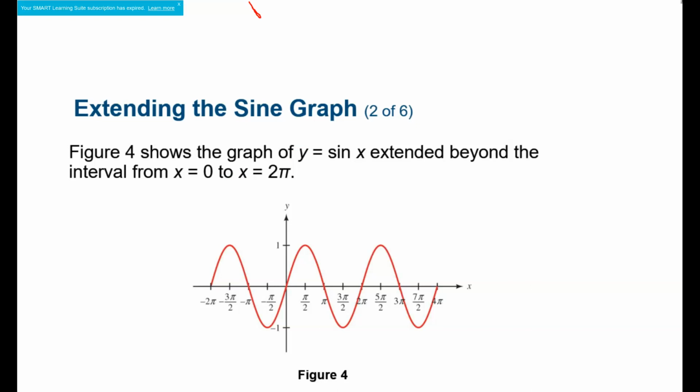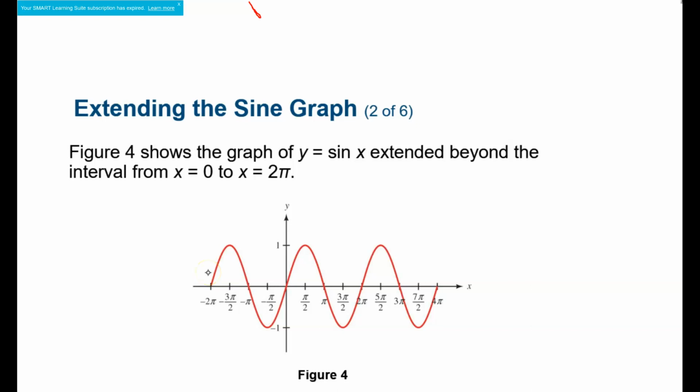The smallest value, remember the graph, it goes to 1 and -1. So the largest value is 1. The smallest value is -1. We're talking about y. And we get 2, and 1/2 times 2 is 1. So the amplitude of the sine graph is 1.